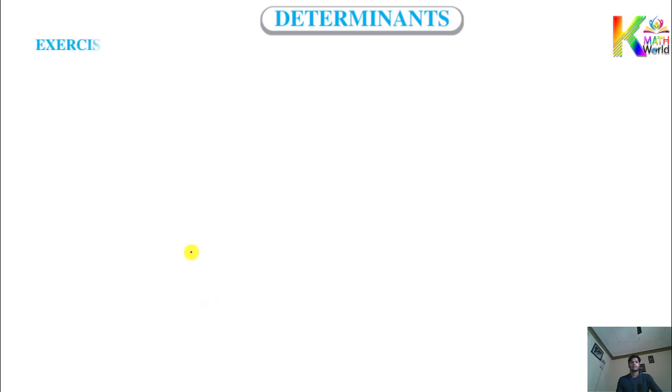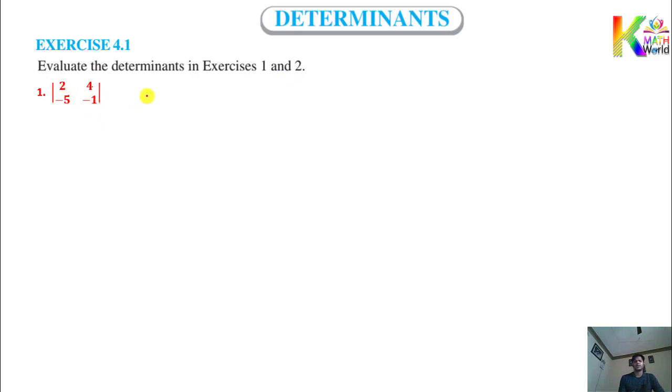Now, evaluate the determinant in exercise 1 and 2. The simple question is how to calculate this one easily. So that is equal to the product of these two, 2 into minus 1, that will be minus 2.